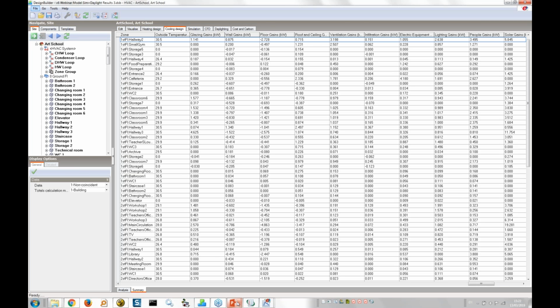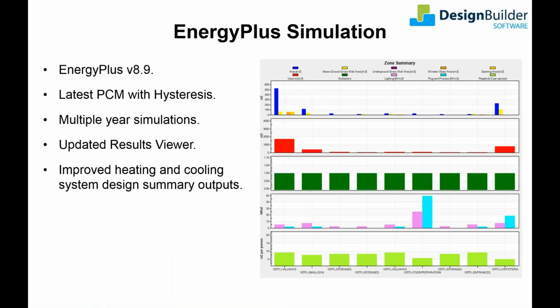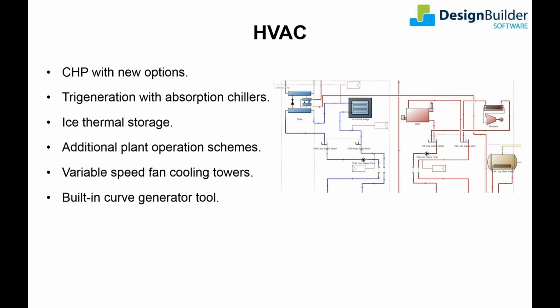I'll now switch back to the slides to HVAC. So first we have combined heat and power with options for internal combustion engine and micro turbine configurations. Trigeneration is now possible by combining generators with absorption chillers.